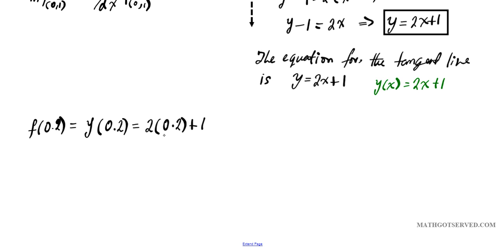We simply inputted 0.2 into this tangent line function that we came up with. All right, so evaluate this. We have 2 times 0.2 is 0.4 plus 1, and the final answer is 1.4. So that's the approximation of the value of this function at f of 0.2 using your tangent line.